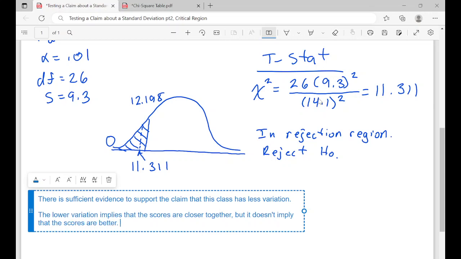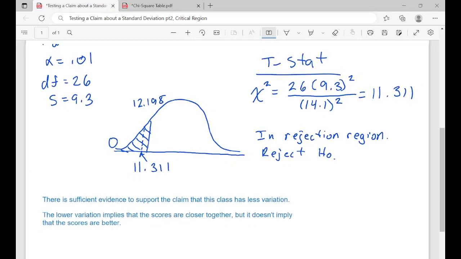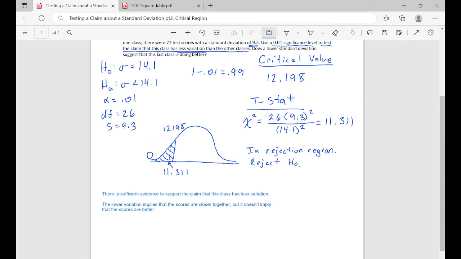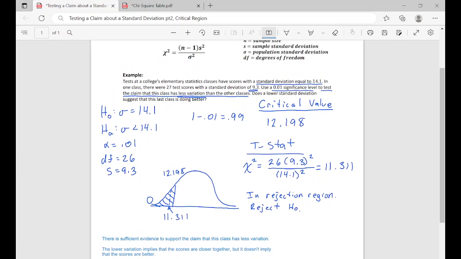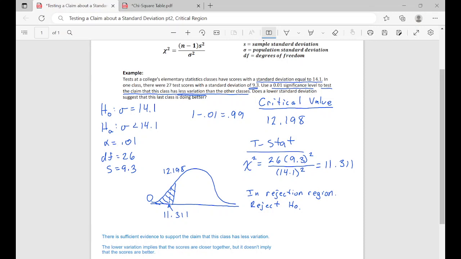There could be less variation and they're all failing, or it could be less variation because they're all getting A's. We don't know. All we know is that the scores are more tightly compacted. So here we go for this one. Everything in one nice little snapshot for testing the claim of a standard deviation.